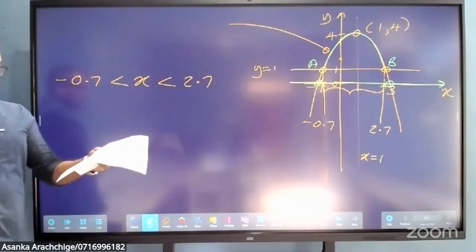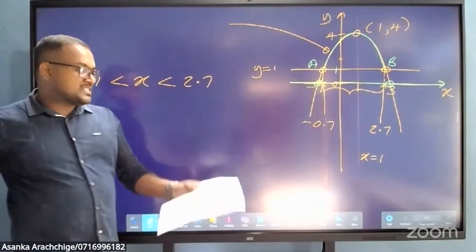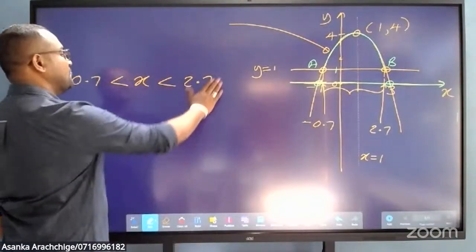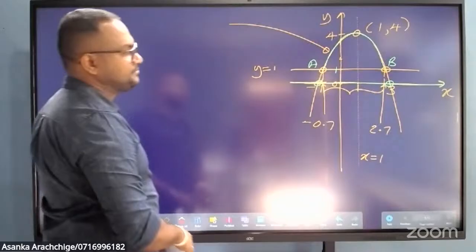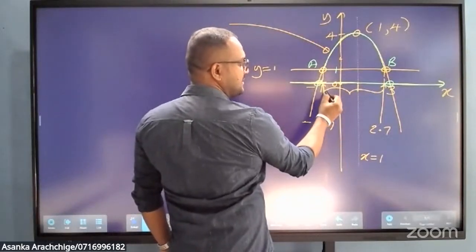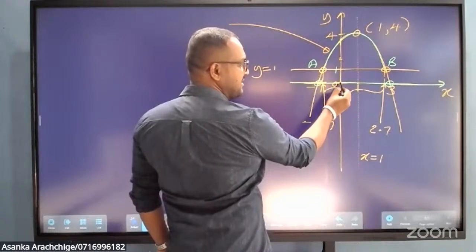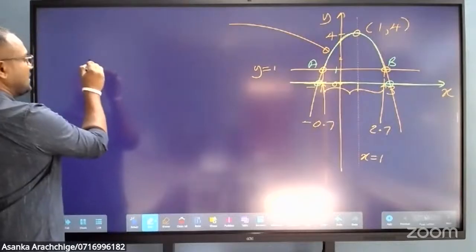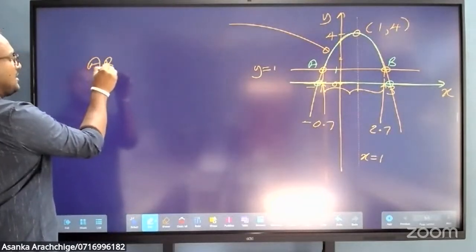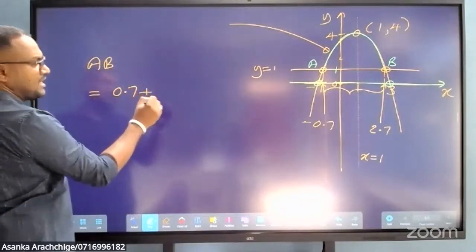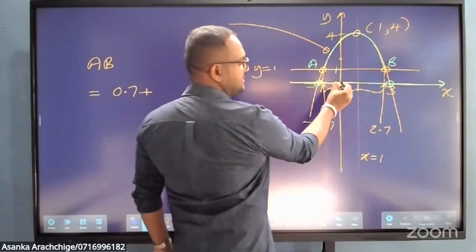Obtain the length of AB to the nearest first decimal place. The length of AB. ඒක බොහොම ලේසියිද දැන්? මේ බලන්න. This is 0. This length is 0.7. AB is equal to 0.7 plus, this is 0.